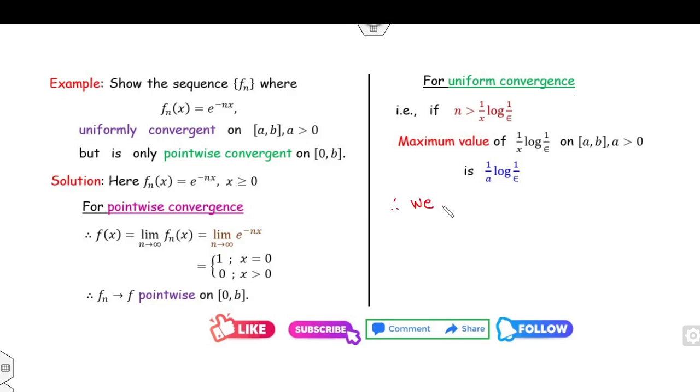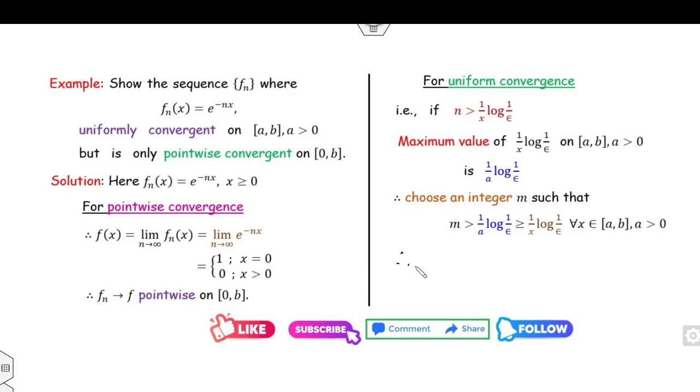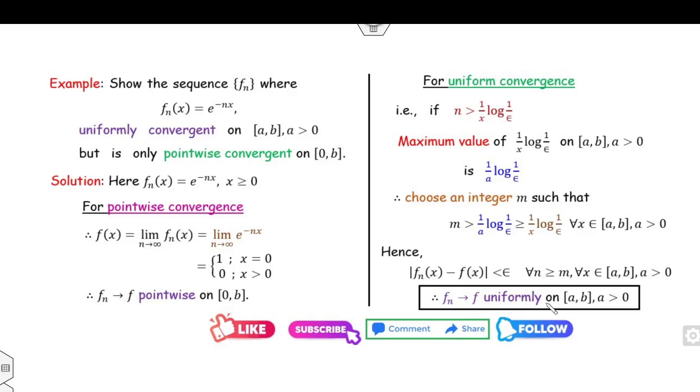Therefore, we can choose n such that n is greater than 1 over a log 1 over epsilon. Now since this number is the maximum value of 1 over x log 1 over epsilon, and it is true for all x belonging to a comma b, the function is uniformly convergent on all those intervals which do not contain 0.